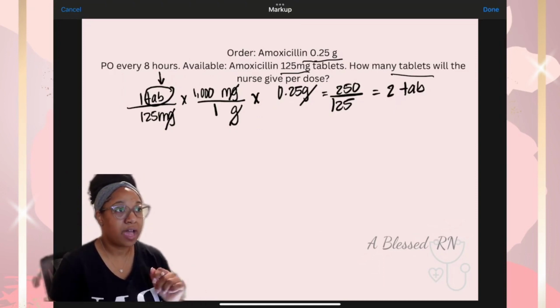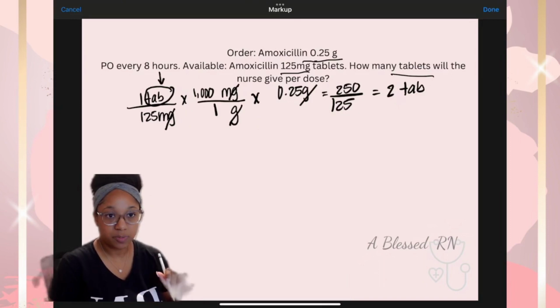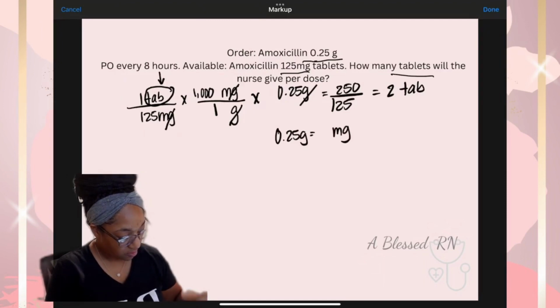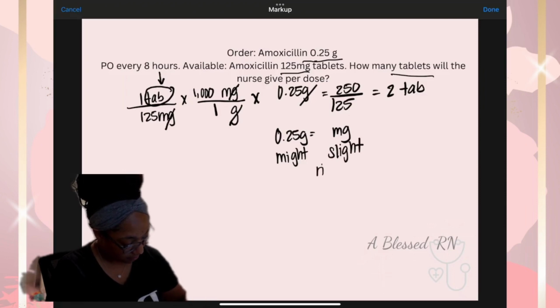So desired over have. You would have to convert your order to milligrams, because that is what your tablet is supplied in. So, of course, you would do 0.25 grams equals how many milligrams. A gram is larger than a milligram, so we're going to move 3 spaces to the right.